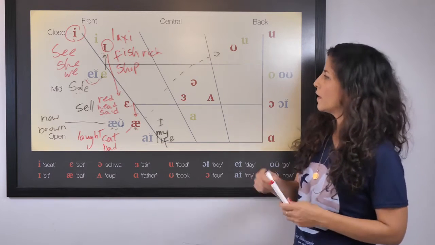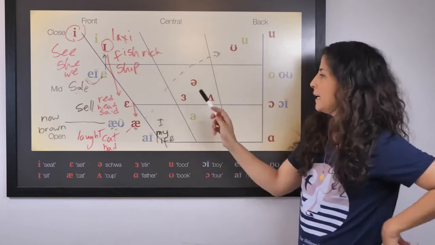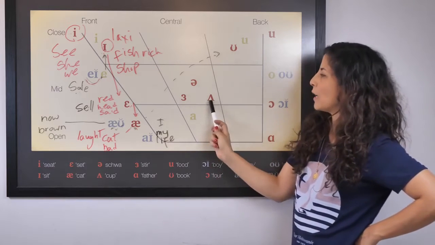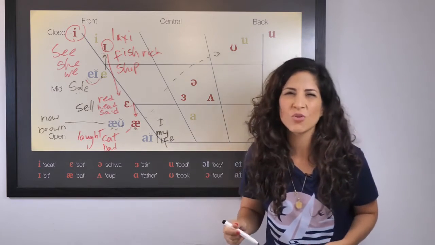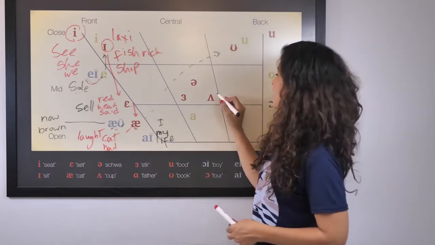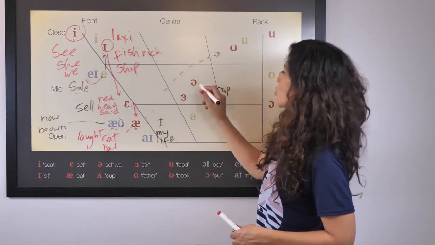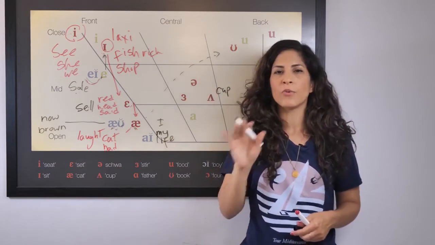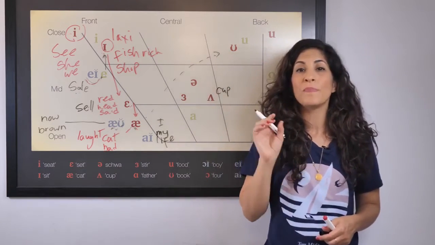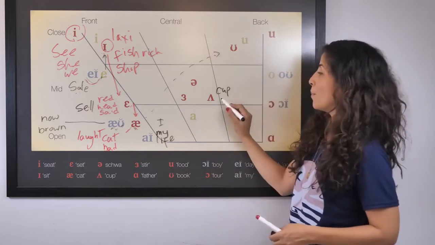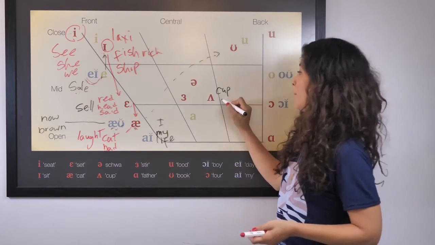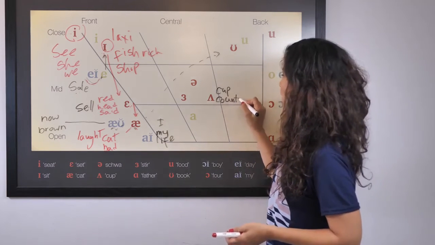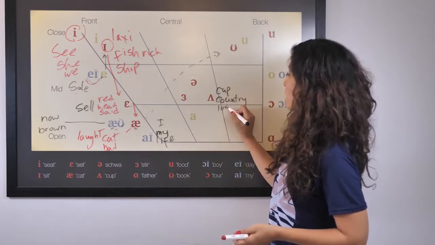That's the schwa sound. Now, if we go down a bit, then we get the sound. And it's also called a stressed schwa, and that's a cup sound. Now, while the schwa is always unstressed, so it's always the unstressed syllable in a word, the cup is always stressed. For example, cup, country, love, okay?